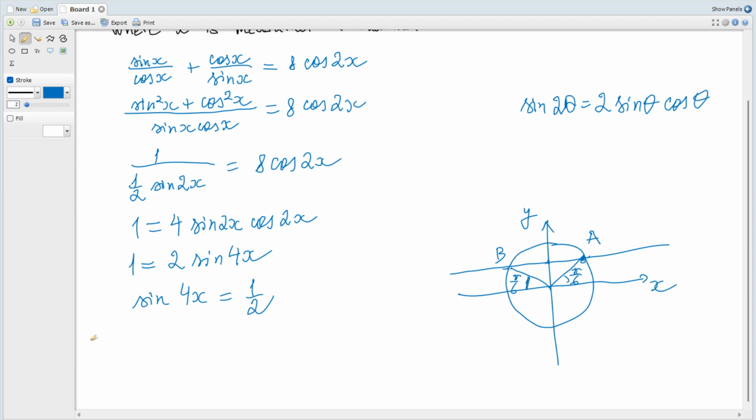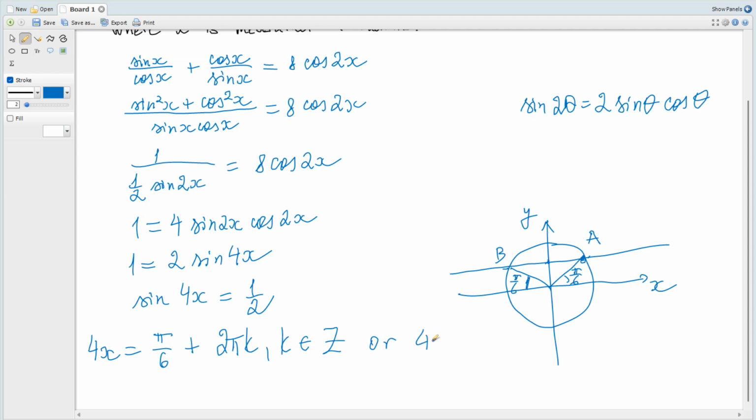And then we write solutions for the argument. The first solution: 0 is here, anti-clockwise angles are positive, clockwise angles are negative, so the first solution is directly pi over 6 plus any number of complete revolutions, plus 2 pi k, where k is any integer.